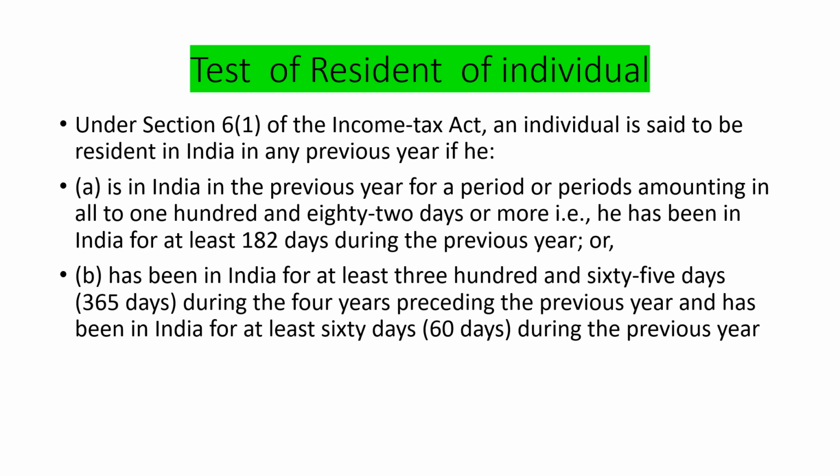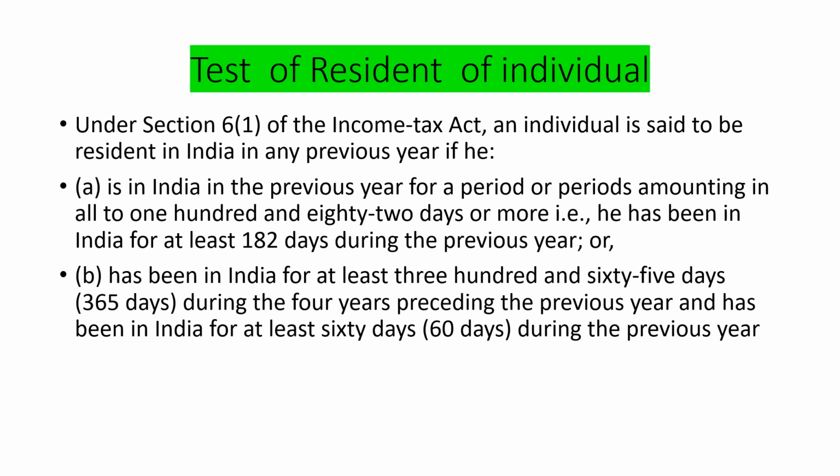It means either he or she would fulfill condition A, that is 182 days in the last previous year. If he has not stayed 182 days in the previous year, then he should stay at least 60 days in the last previous year and 365 days in the preceding 4 years.